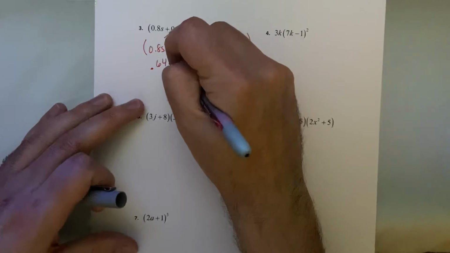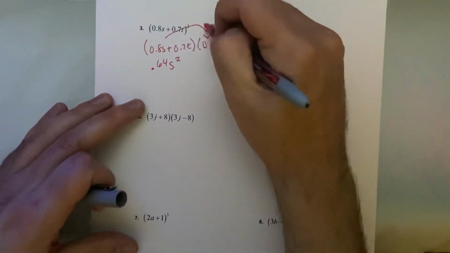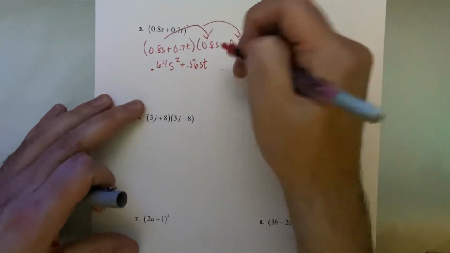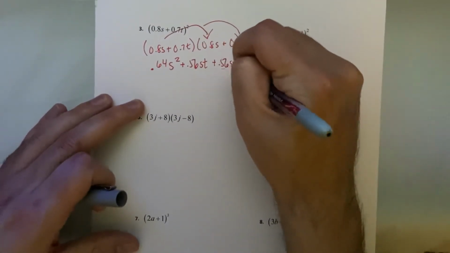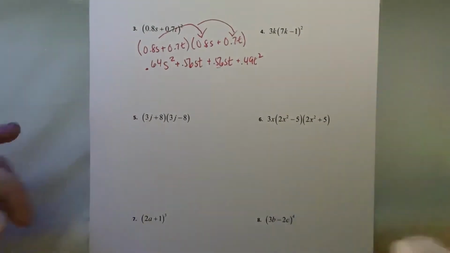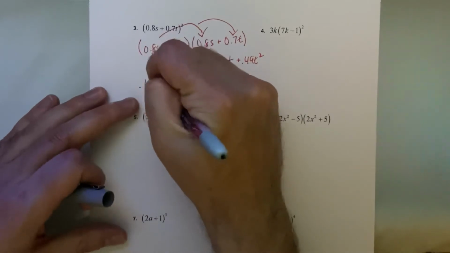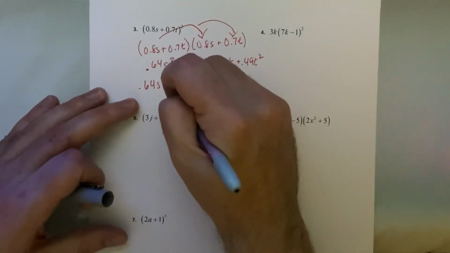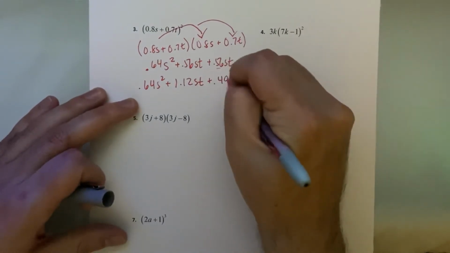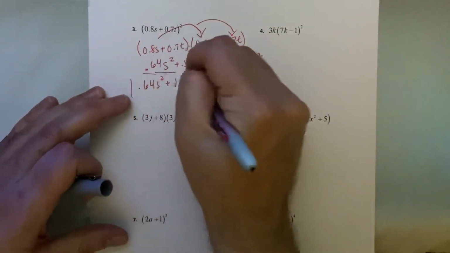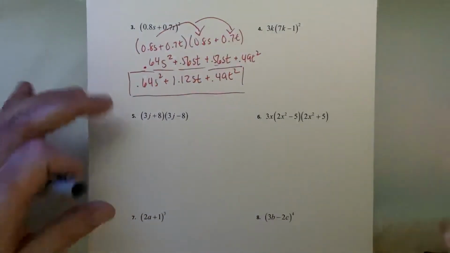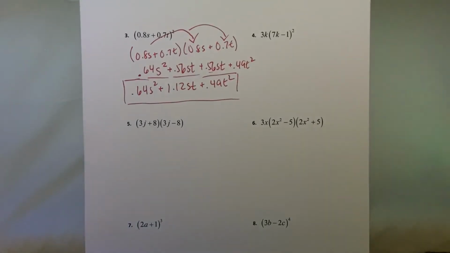So 0.64 s squared. 0.8 times 0.7 is 0.56 st. Another 0.56 st. And then 0.49 t squared. So middle terms to combine. It's 1.12 st plus 0.49 t squared. And you may put 0.49 and 0.64 if you would like. I usually do not. It's up to you.